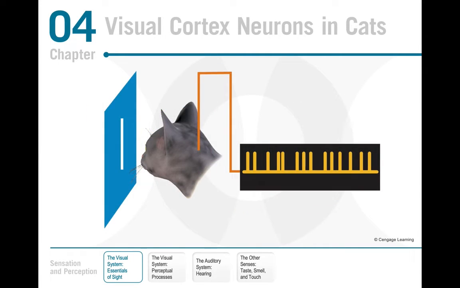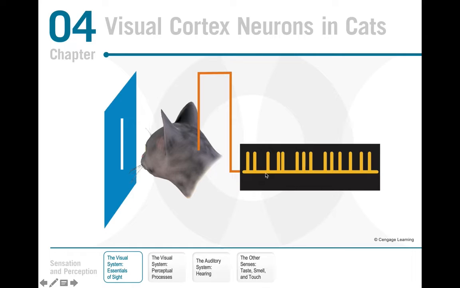So this is an example of how one particular neuron is firing action potentials, which is a measure of its activity when it sees different shapes. So as this cat is shown various stimuli, a microelectrode connected to the visual cortex here records the firing of the neuron.